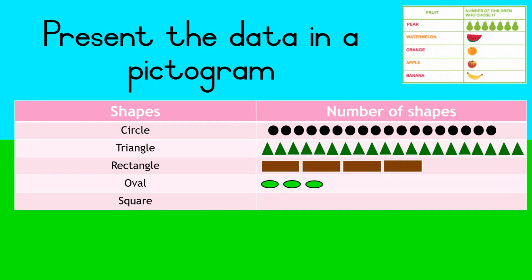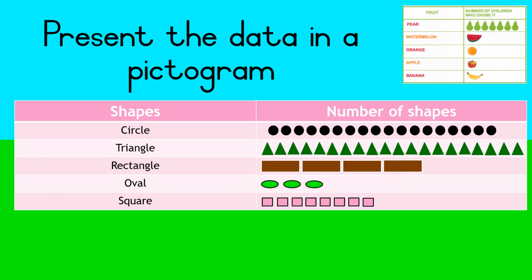And last but not least, we have our squares. How many squares are there in the picture? There are 8 squares in the picture, yes. And now, which shape is the least? The oval, because there are only 3 of them. And which shape is the most?